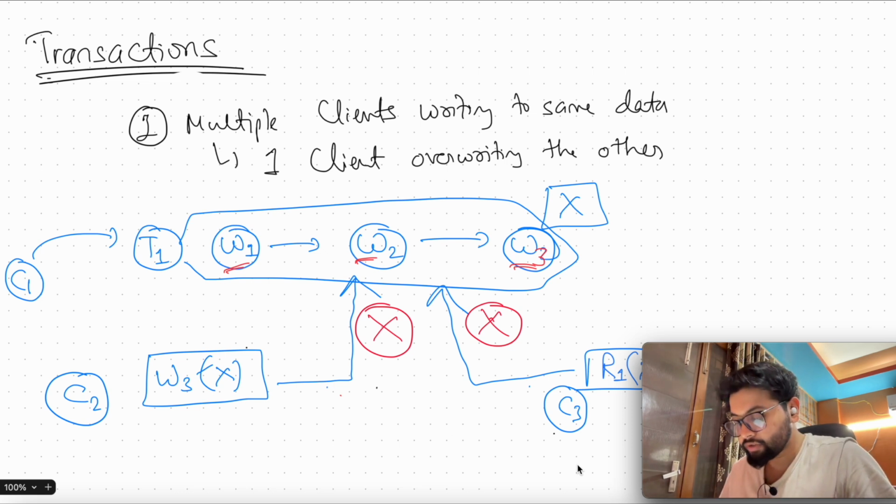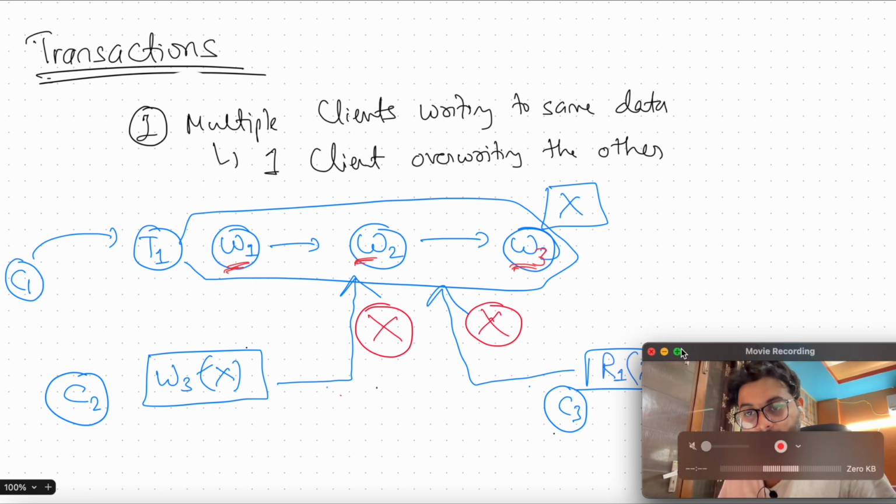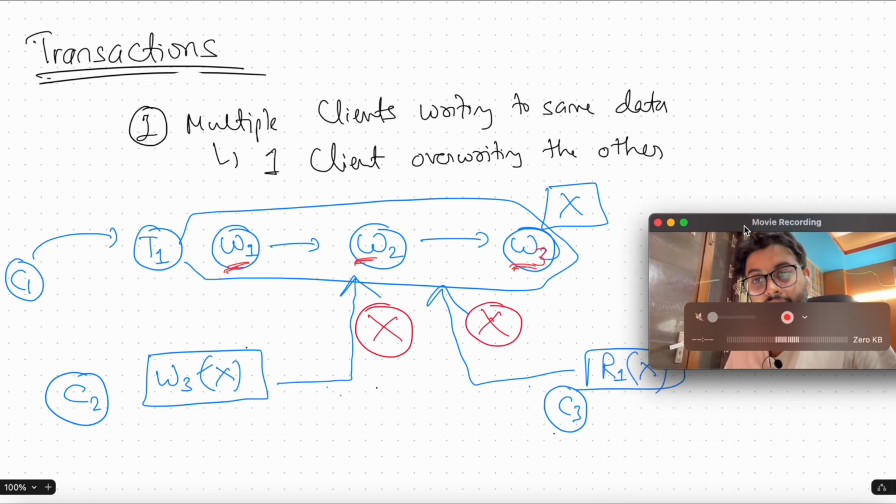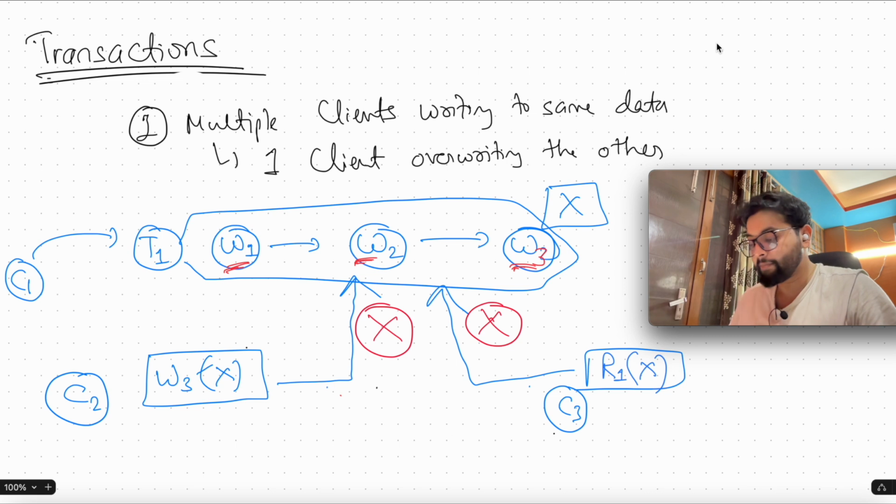The value could change during the series of write operations, so the value of the data item is not fixed in the middle of the transaction, and that way it will not allow another client to perform a read operation on top of it, right? So that is one thing which a transaction avoids in order to maintain data consistency, or to avoid race conditions between the clients, right?